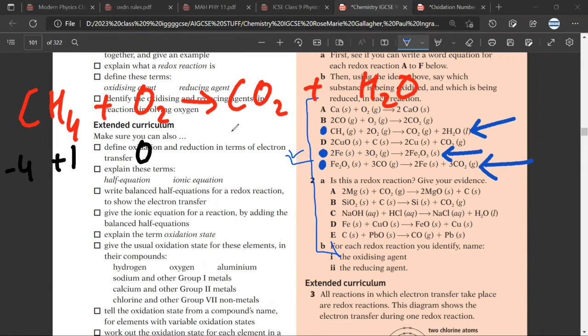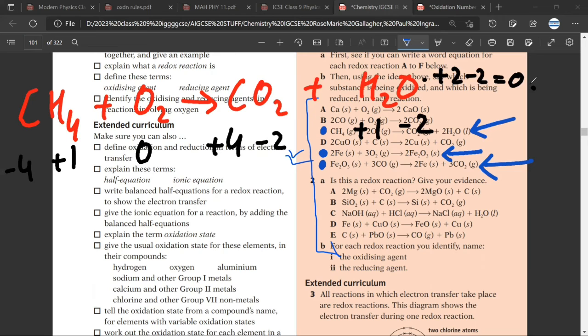Here oxygen is 0, here oxygen is minus 2, this is plus 4, this is plus 1, and this is minus 2. Is it making sense? Yes, sir. But hydrogen, will it be minus 4 or plus 4? See, because oxygen is minus 2, hydrogen has to be plus 1. Why? Because plus 2 minus 2 would be 0. Is it making sense? Yes.